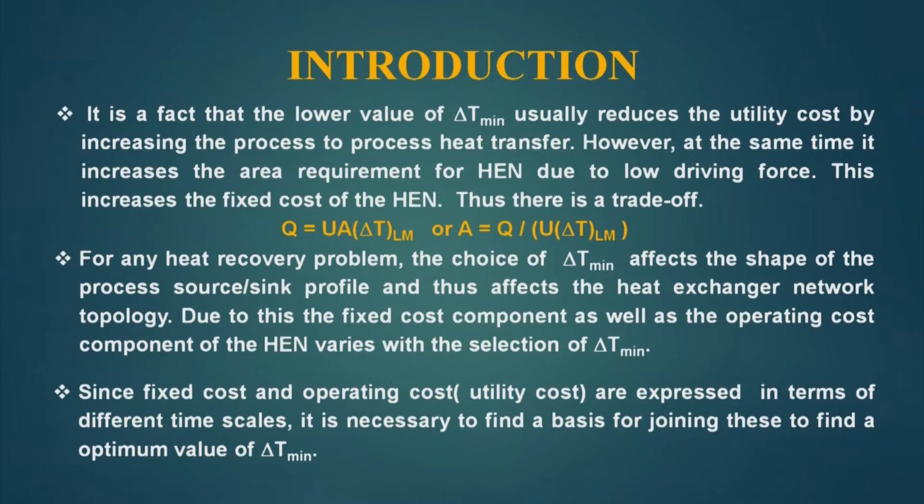The fixed cost is for the service period of the heat exchanger, while operating costs are expressed on a yearly basis. Hence the time scales are different, and to add them together we have to change the fixed cost to annualized fixed cost, and then only can we add it to the utility cost or the operating cost.